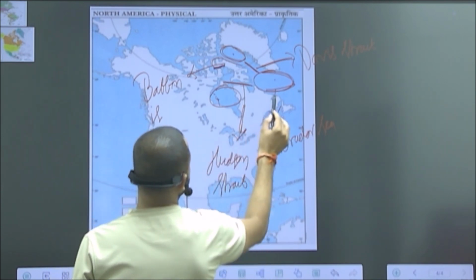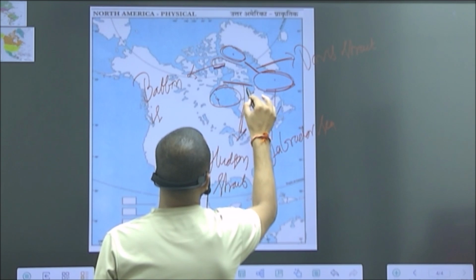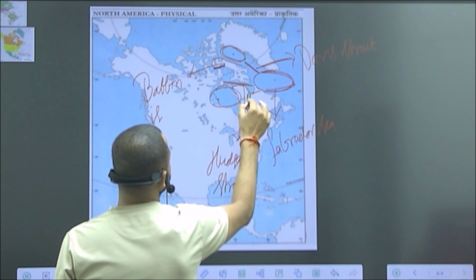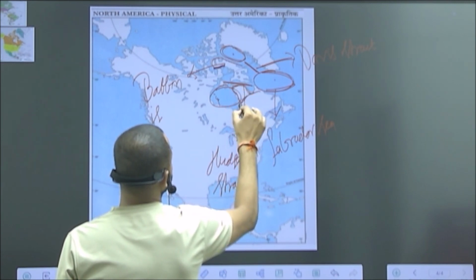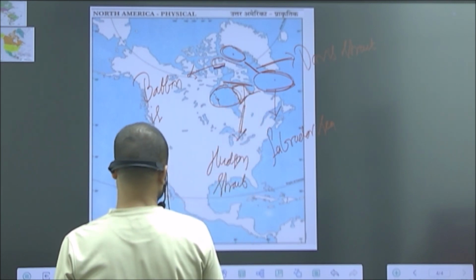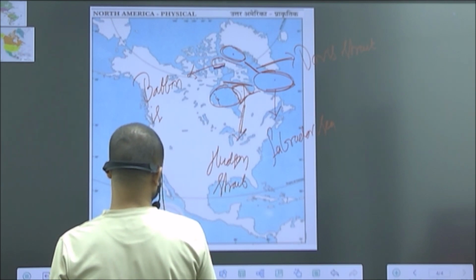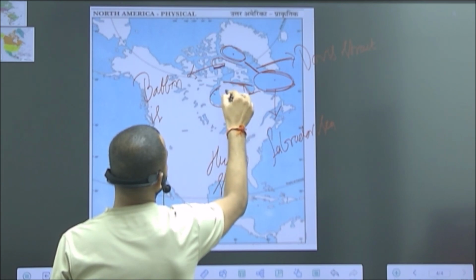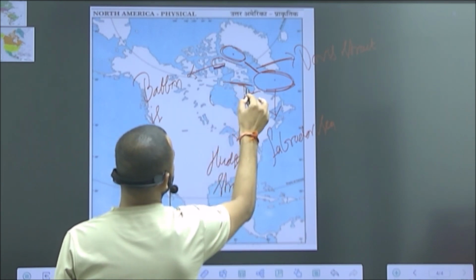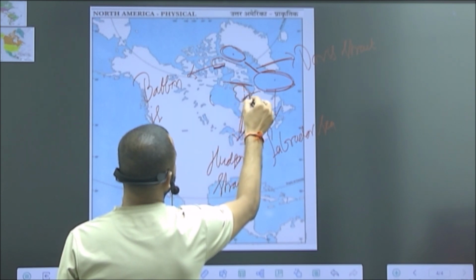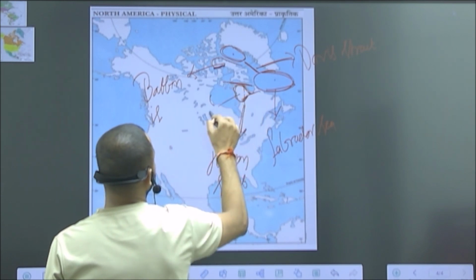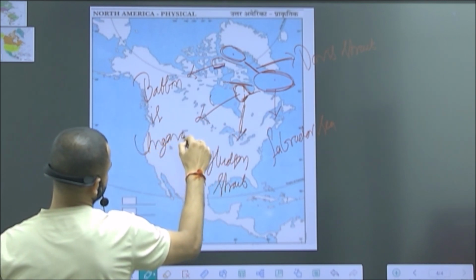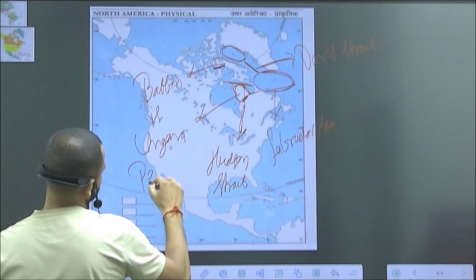So this peninsula is called Ungava Peninsula.